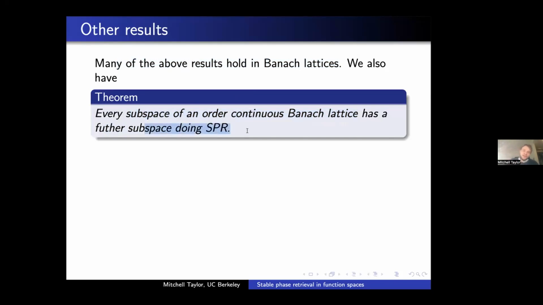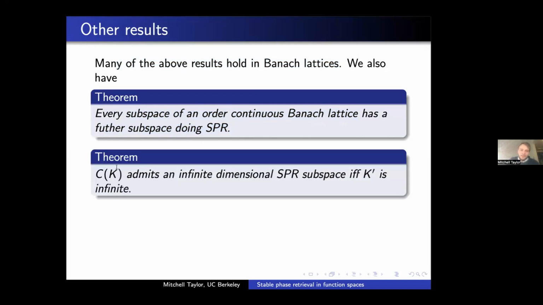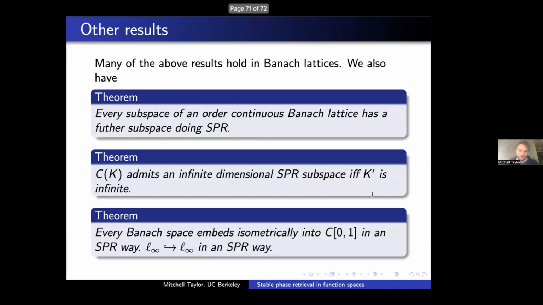So that says that if I have any subspace without almost disjoint sequences, a further subspace will have no almost disjoint pairs at all. We were able to prove that C of K admits an infinite dimensional SPR subspace if and only if the Cantor-Bendixson derivative is infinite.